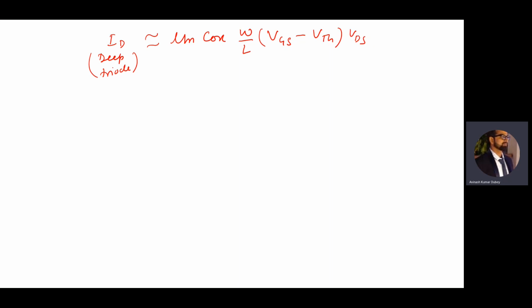VDS square is negligible because VDS is very small. Understood?